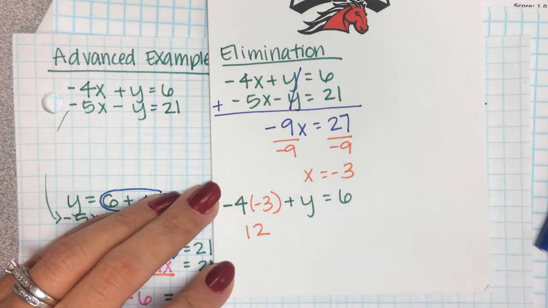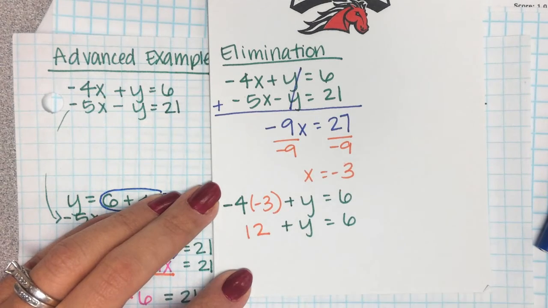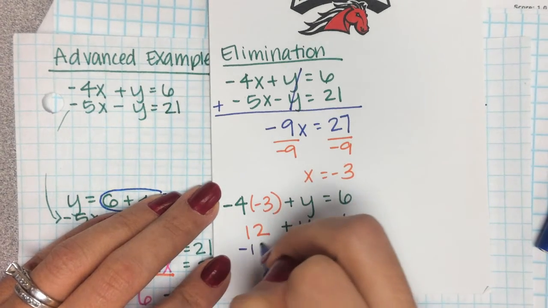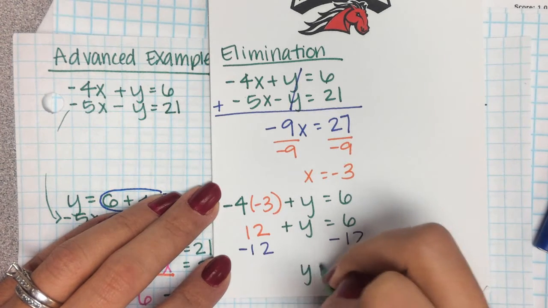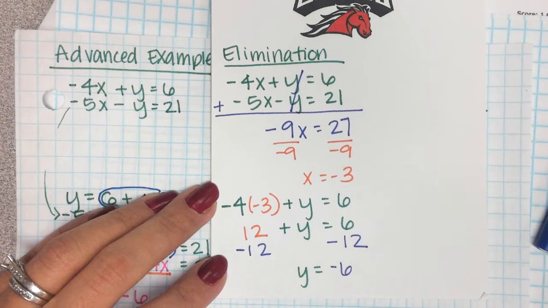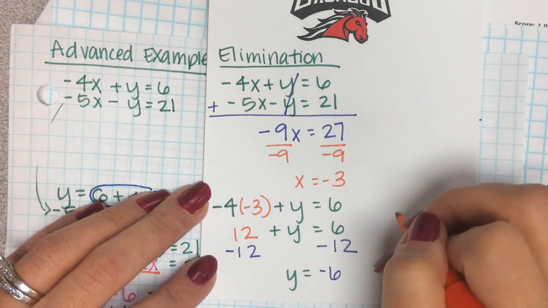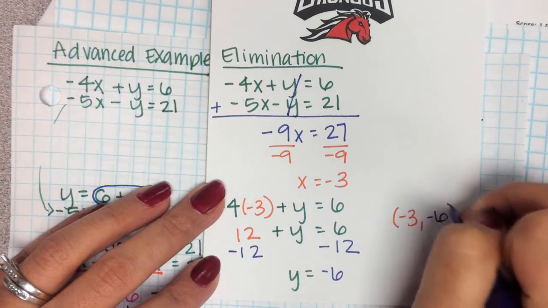That's positive 12 plus y equals 6, minus 12 on both sides. y equals negative 6. And my solution, negative 3, negative 6.